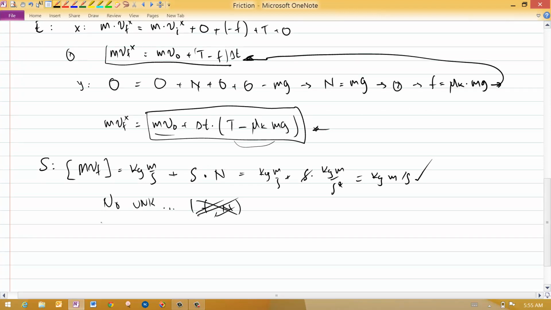Now let's check the behavior. We could have m v final x equal to m v0. This would be a special case in which v final is equal to v0, so the object moves, but it moves with a constant speed.